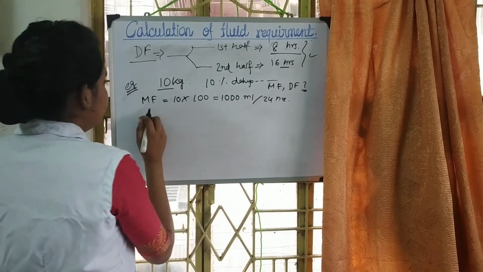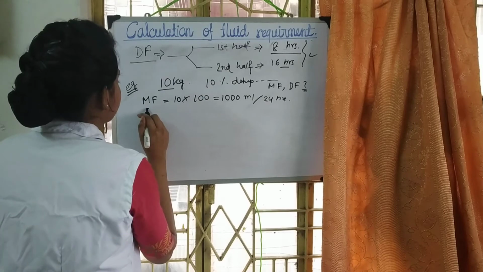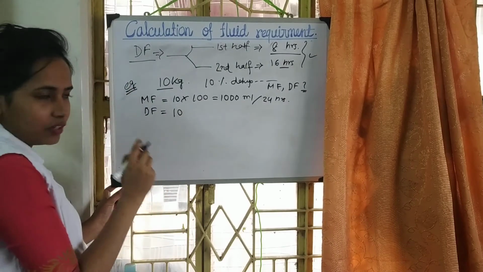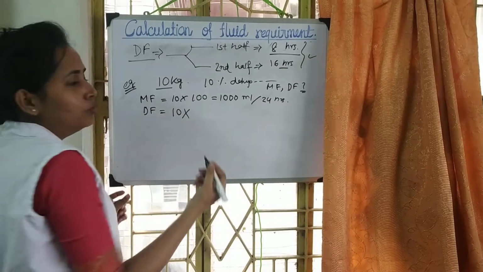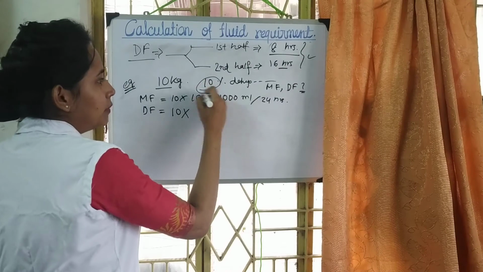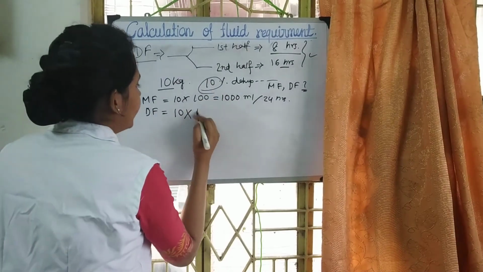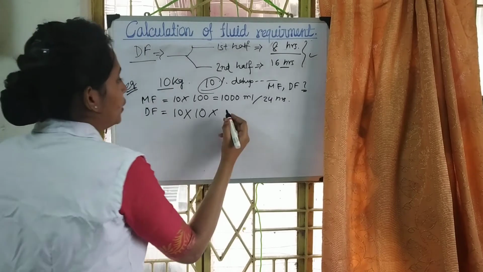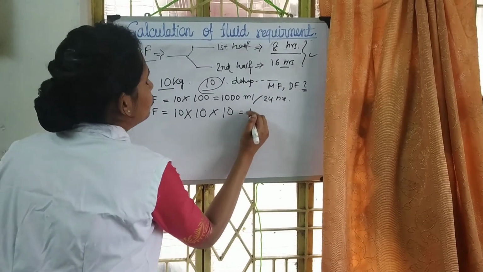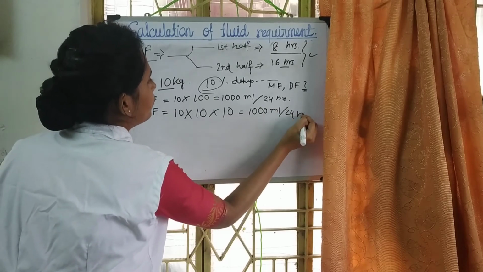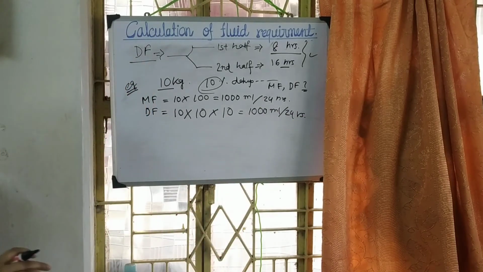And deficit fluid is equal to 10 into percentage of dehydration into body weight. Here it is a 10% dehydrated baby, so 10 into 10 is equal to 1000 ml. Clear up to this?